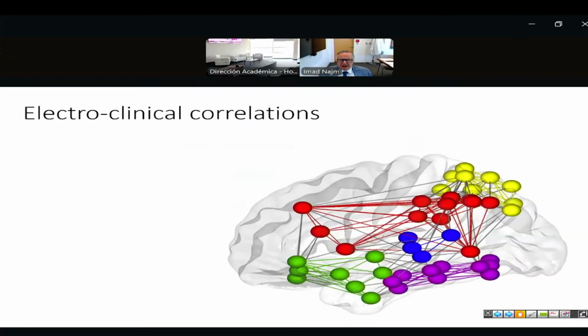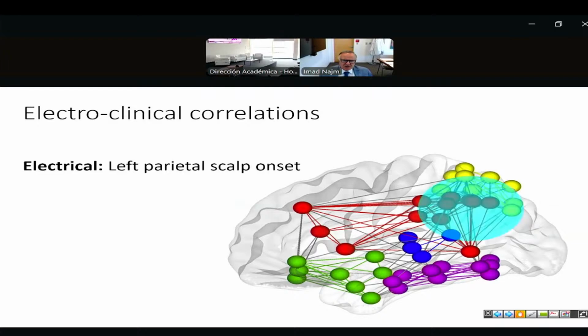Now, going back here, if we do this exercise, which is extremely important in the process of doing a thorough assessment before an implantation of electrodes, the electroclinical correlation, the electricity is pointing to the left parietal region.